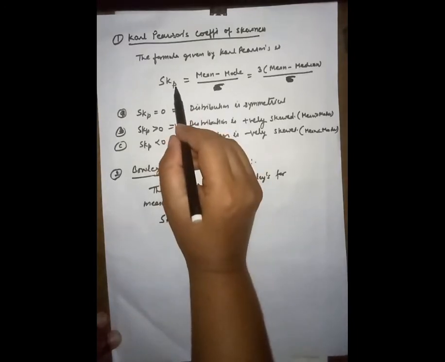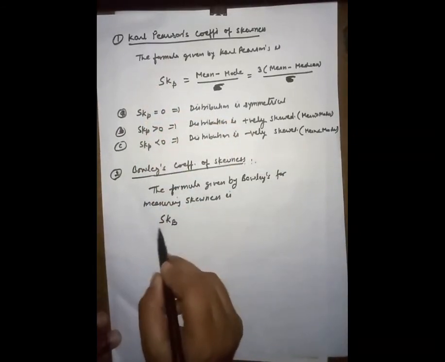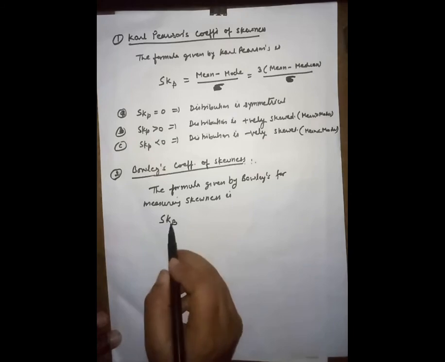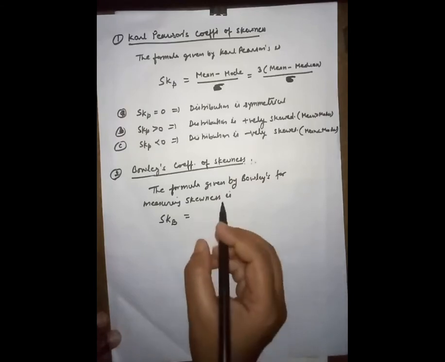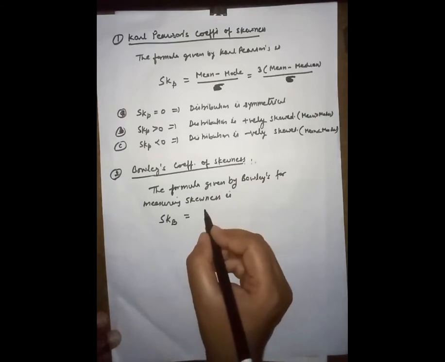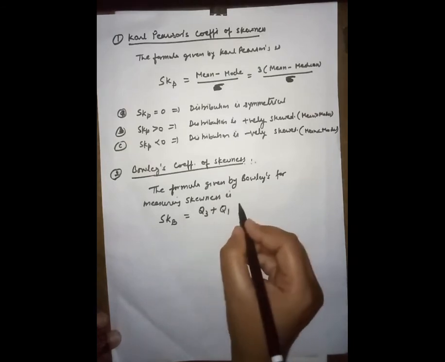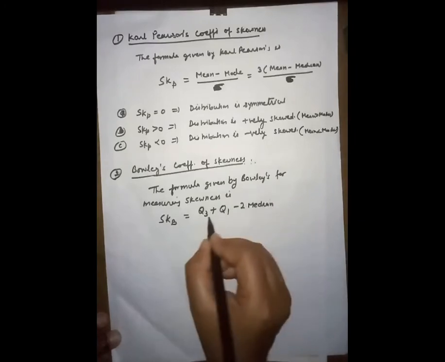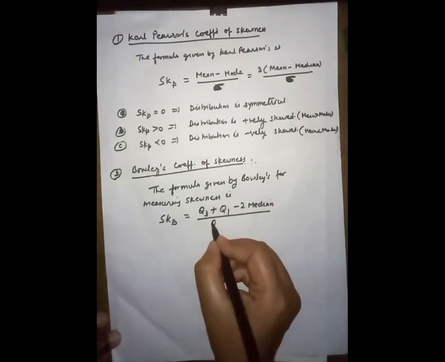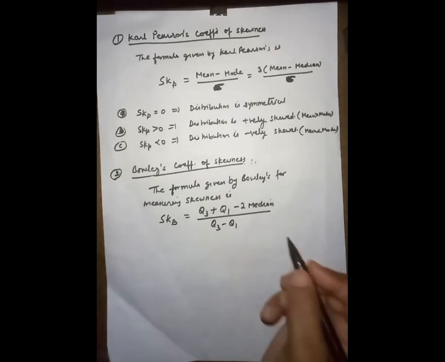Here, because it is Bowley, SKB shows Bowley's coefficient, right? And this is based on the quartile values. So the formula is (Q3 plus Q1 minus 2 times median) upon (Q3 minus Q1), right friend?